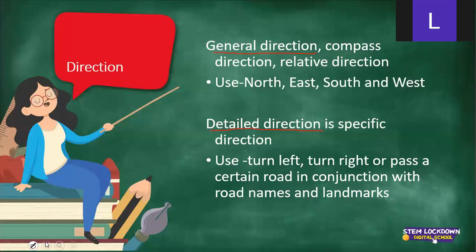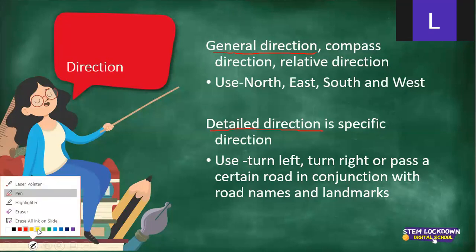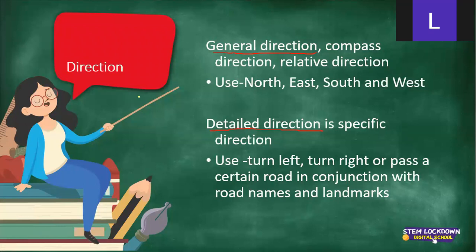For example, let me just use a different color. Obviously, when I speak of a compass, I speak of something like this. Always where your arrow points, that is your north, right? Sometimes they just give you one line like this, so they assume that you know that this is north, this is south.